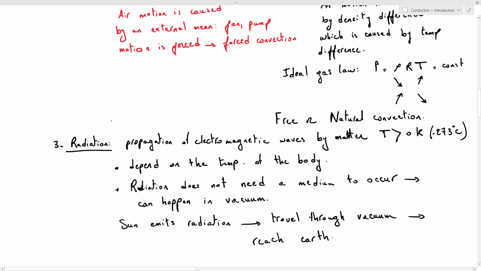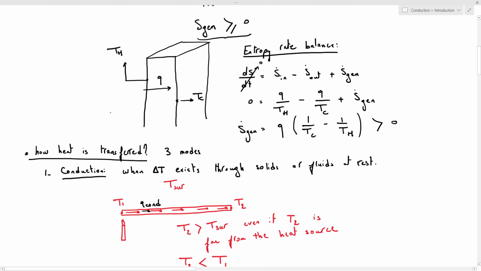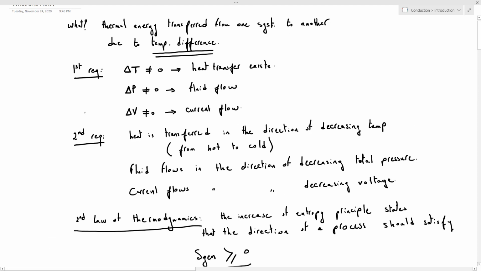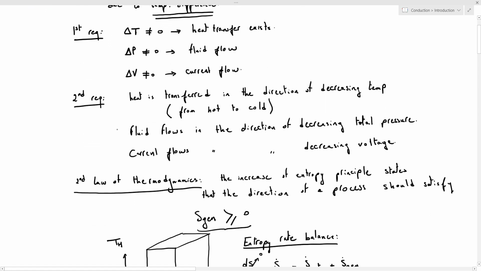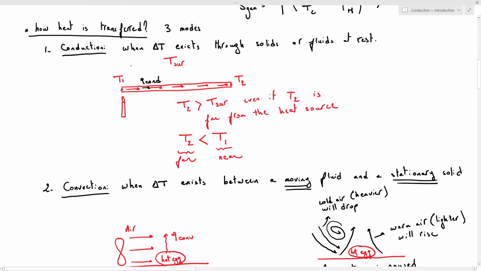So that's it. We've talked about what heat transfer is. We defined the two requirements. The first one, delta T should be different than 0. The second one, the direction should be always from hot to cold. And we know now the three modes of heat transfer. Conduction happens in solids or fluids at rest.